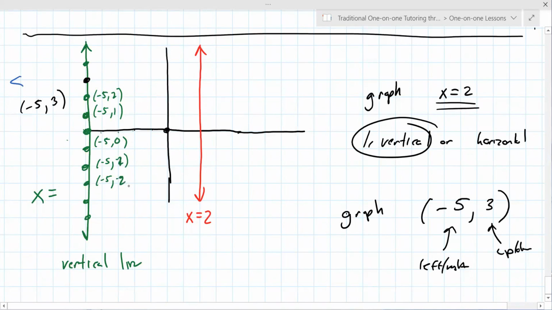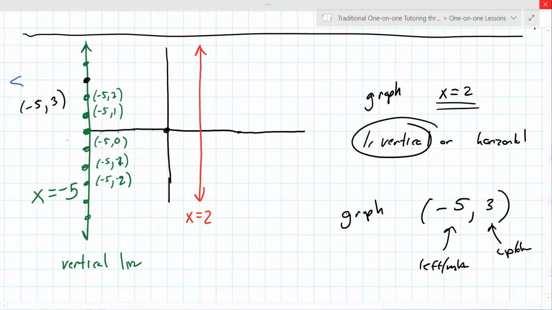What is always the same? It's always -5. X is always -5.